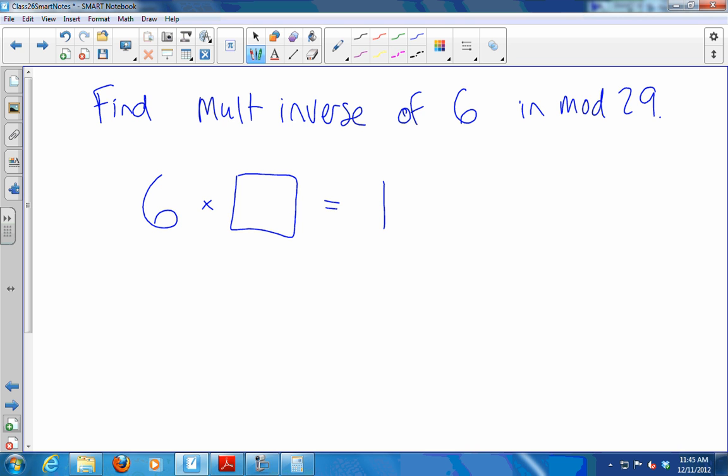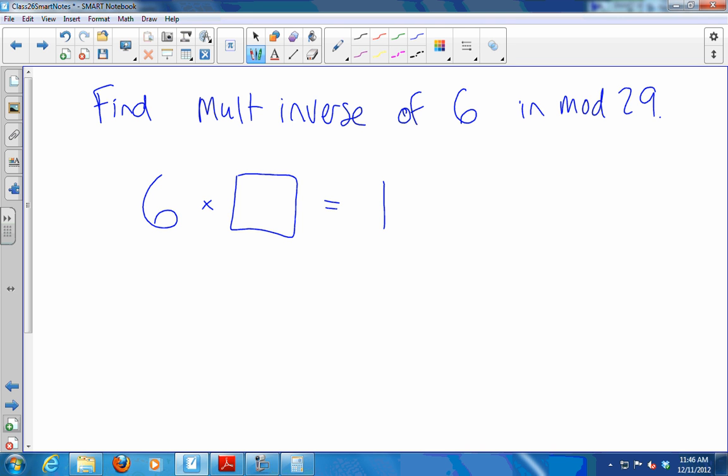So I'm going to generate a list of numbers that are equivalent to 1 in mod 29. That is numbers that when I divide them by 29, I get a remainder of 1. So what's the next number bigger than 1 that when I divide it by 29, I'll have a remainder of 1? 30.